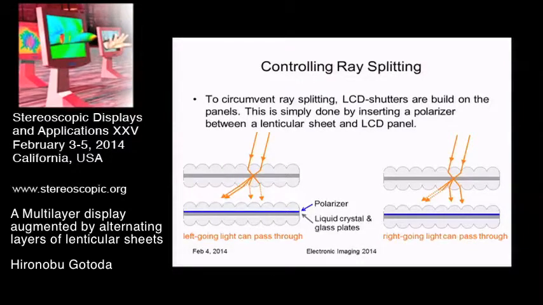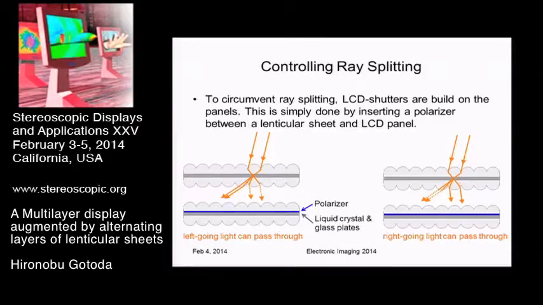So in order to avoid such ray splitting, I built small shutters on top of the panels. And since we are dealing with LCD panels, this is simply done by inserting a polarizer between the lenticular sheet and the liquid crystal layer.